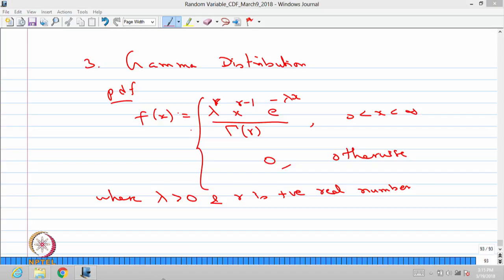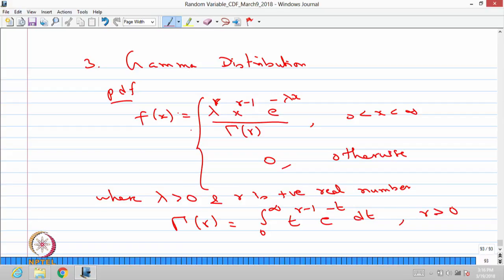Gamma of r is nothing but the integration from 0 to infinity of t power r minus 1 e power minus t dt. So, this is the way gamma of r is defined. r can be a positive integer also.